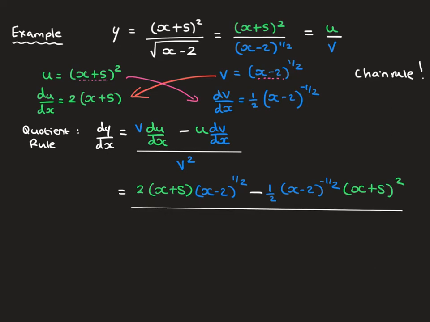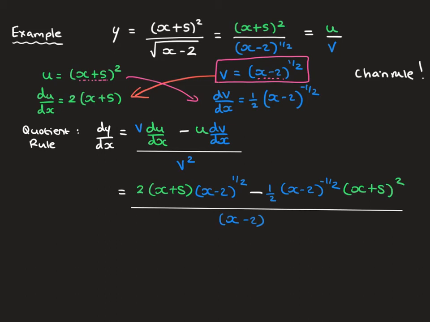Now, v is equal to this. So if you square that, we'll just get x minus 2. So we're done.